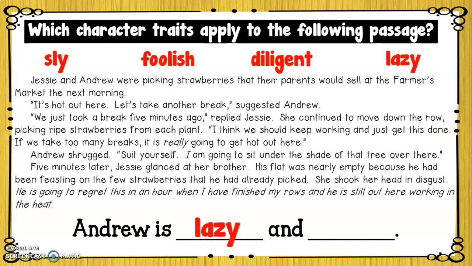Lazy would be one, and foolish. He didn't want to exert effort or do work, and he made unwise decisions because his sister finished her work and he had to stay out longer in the hot sun because he took too many breaks.